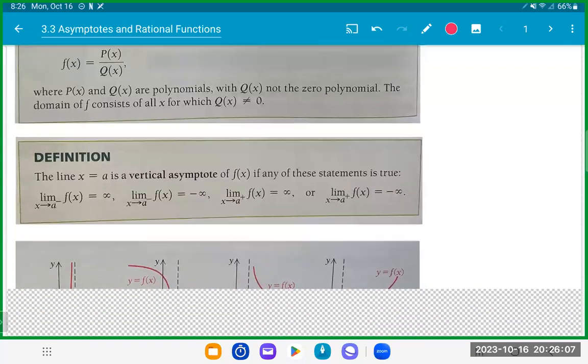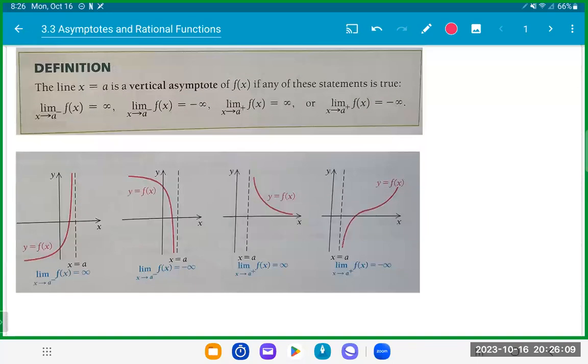We also will look at vertical asymptotes. If you remember back from algebra days, a vertical asymptote really is where our denominator is equal to 0, what makes that function undefined. When we look at it in terms of calculus, we can look at it in terms of limits.